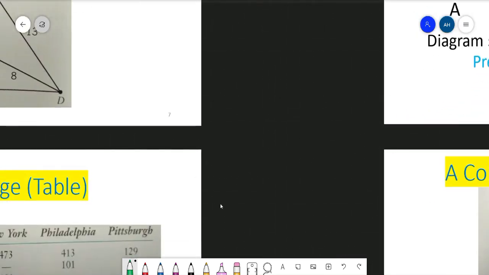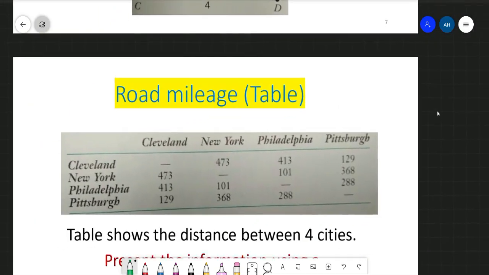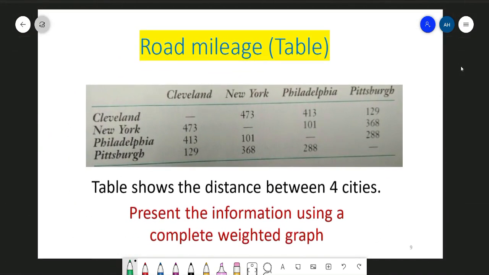Now, another example that we have. Sometimes the information given to us may be in the form of a table like this. There are 4 cities here in the United States. We have Cleveland, New York, Philadelphia, and Pittsburgh. The way to read this table is like this.